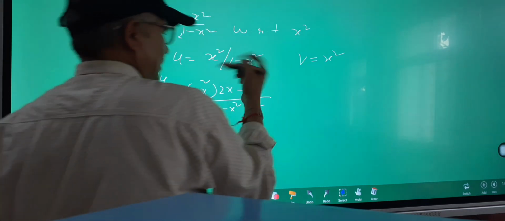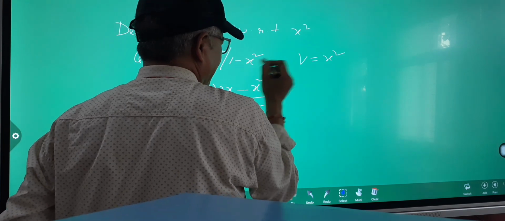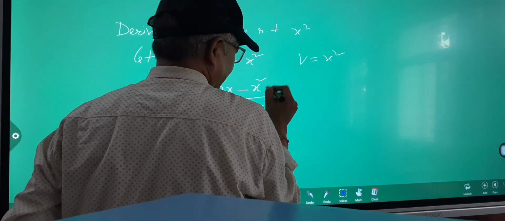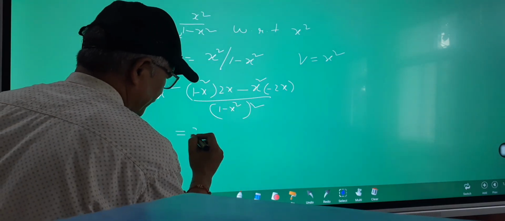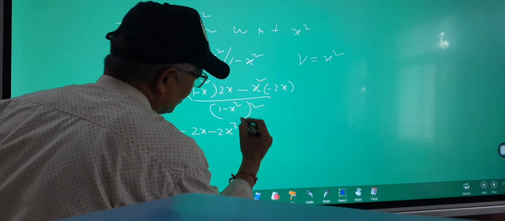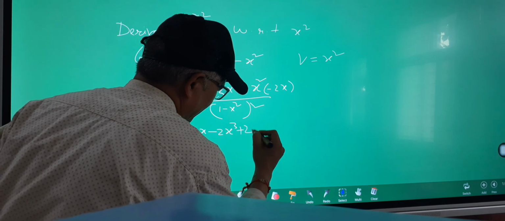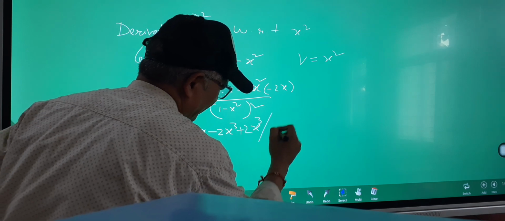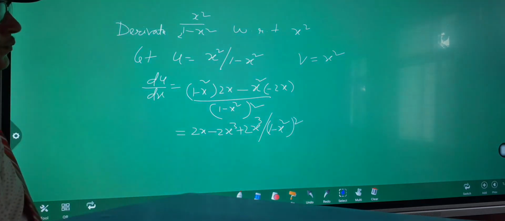Then again u यानी numerator and derivative this is 1 का 0 हो जाएगा, इसका minus 2x is equal to, it is multiply कर लो 2x minus 2x cube, minus minus प्लस 2x cube, प्लस 2x cube अपॉन 1 minus x square and it is whole square.